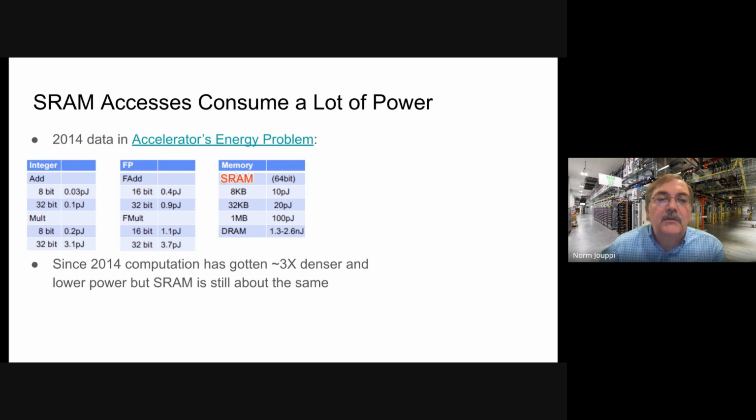Since these charts from Mark Horowitz's ISSCC keynote have been published, computation has gotten 3x denser and lower power, but SRAM is still the same. So data reuse is really important for efficiency.